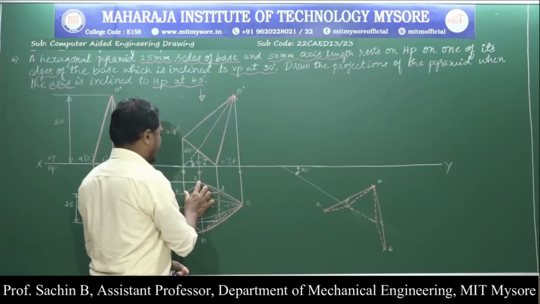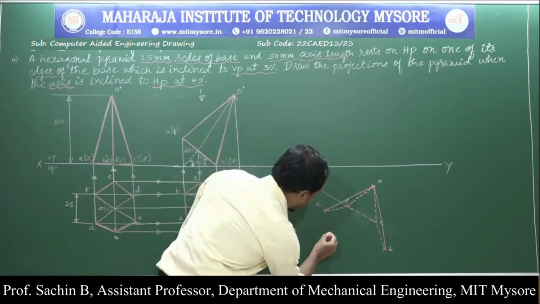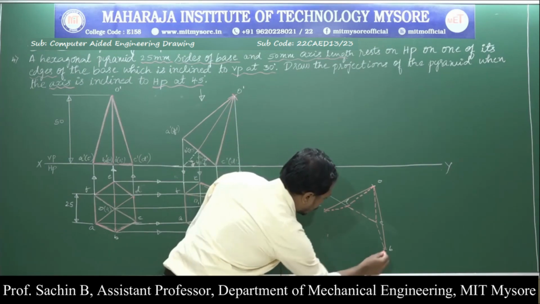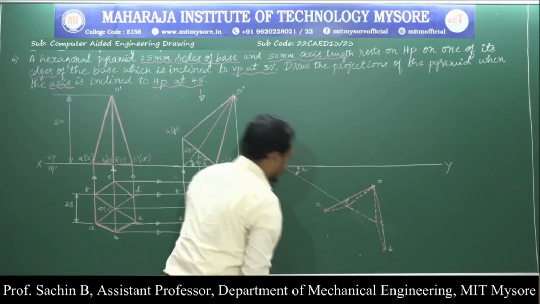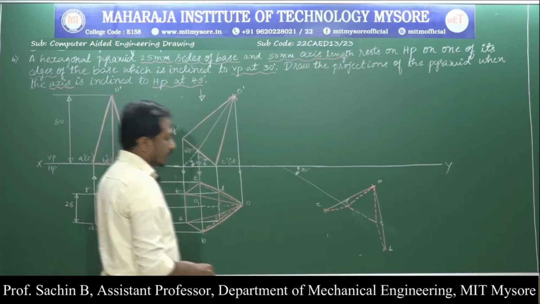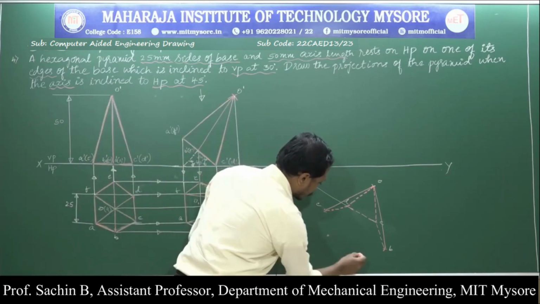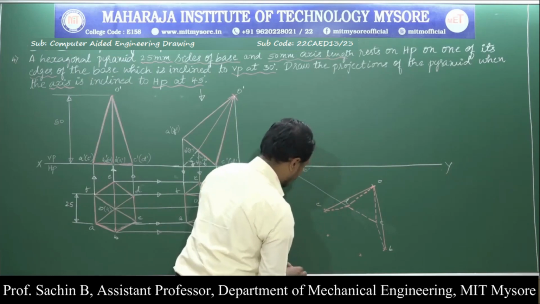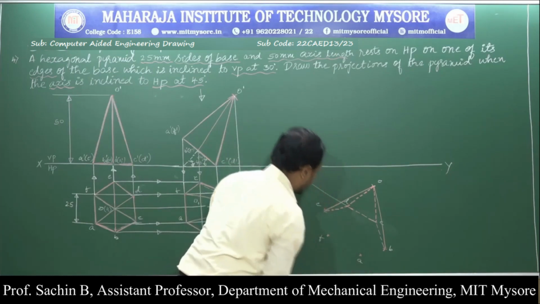I will measure from F to E or from A to B, and cut an arc over here and one arc from the B side. Next I will measure from O to F or O to A and intersect this arc. This is my F point, this is my A point.